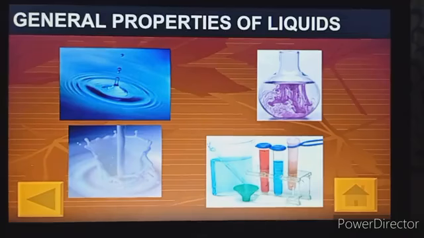Now, let's talk about the general properties of liquids. The very first property of liquids which we are going to discuss is that a liquid has no fixed shape, but it takes the shape of the container it is kept in.